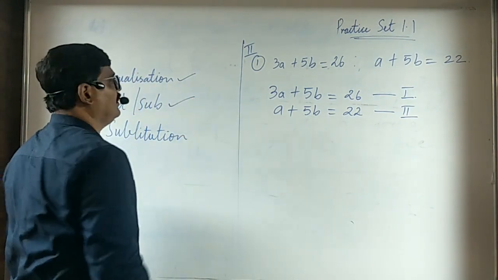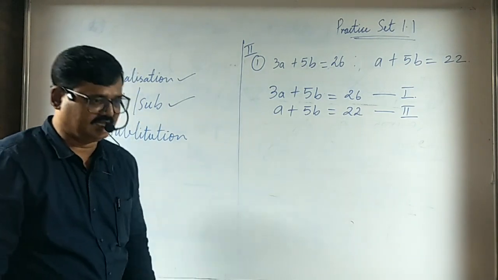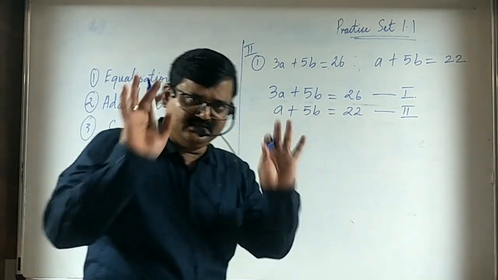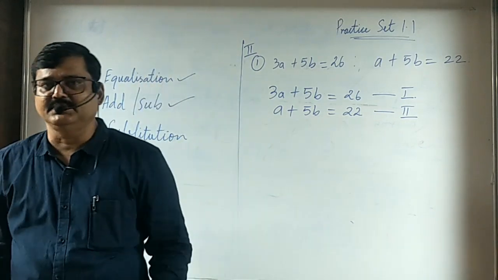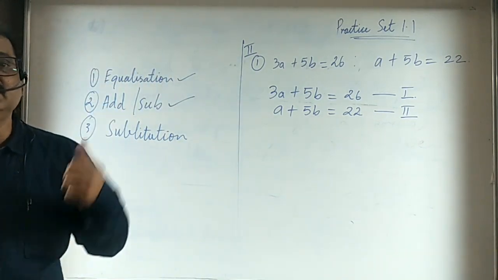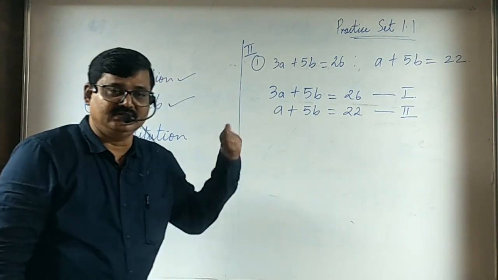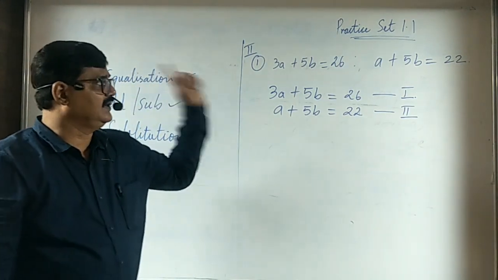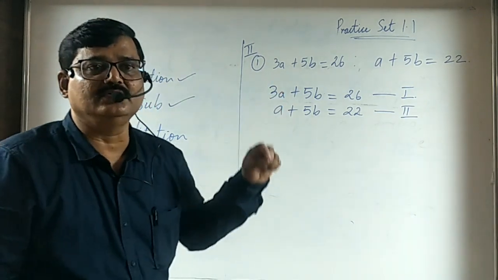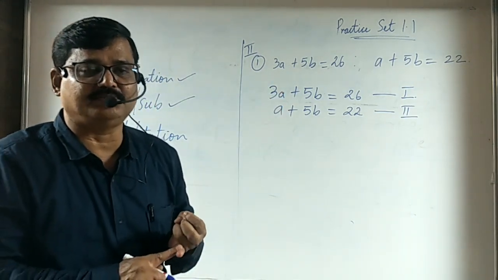You have to add or subtract. I'll tell you a very easy method to decide this. It's very simple. You have to check the sign of the variable which is equal. In this case, b is equal, and here you can see that the sign of b is plus in both.